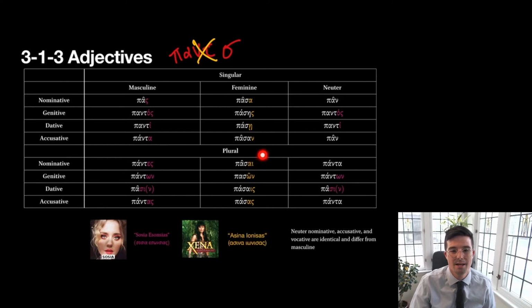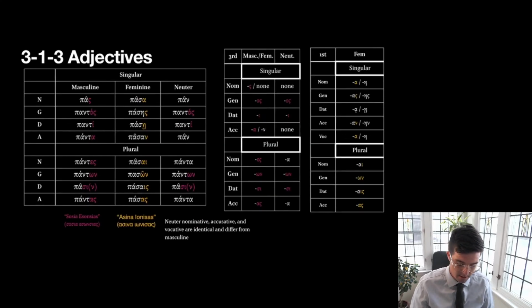And then going down in the plural, we have these first declension endings, which is what this 1 represents up here. So pās, pāsa, pan follows a 3-1-3 paradigm, where its endings in the masculine and the neuter are in the third declension, and its endings in the feminine are in the first declension.